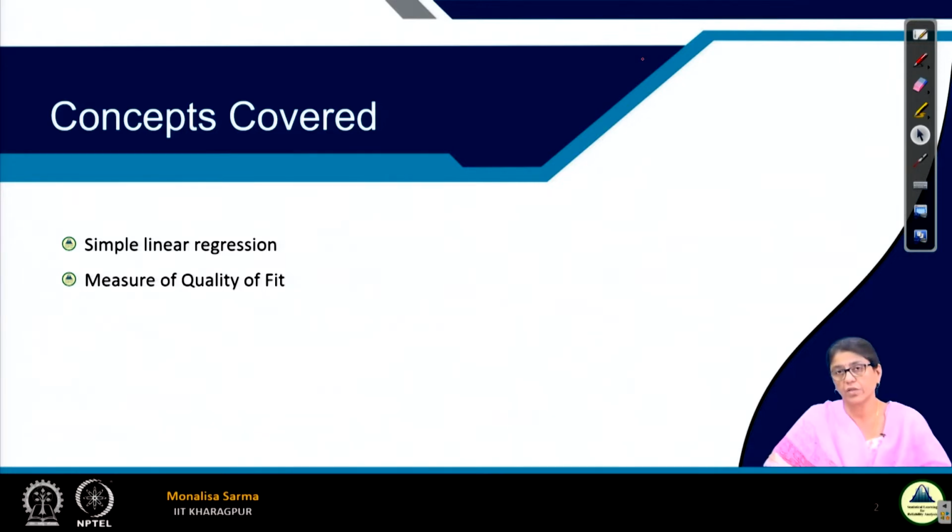Simple linear regression, as I already mentioned in my last lecture, is when there is one independent variable and one dependent variable. The dependent variable we call the response, and the independent variable we call the regressor.